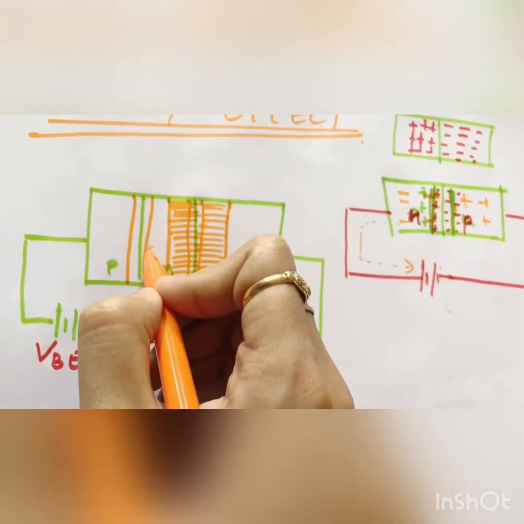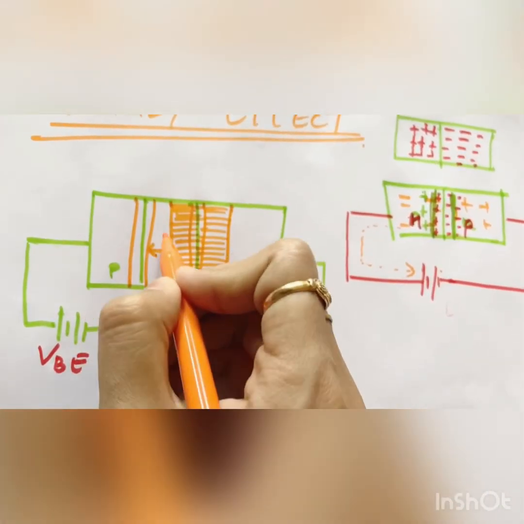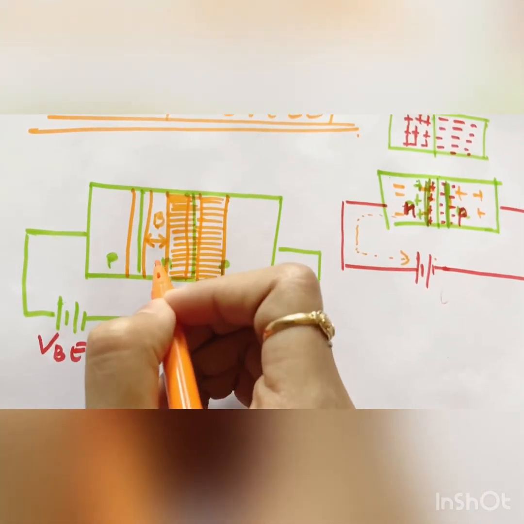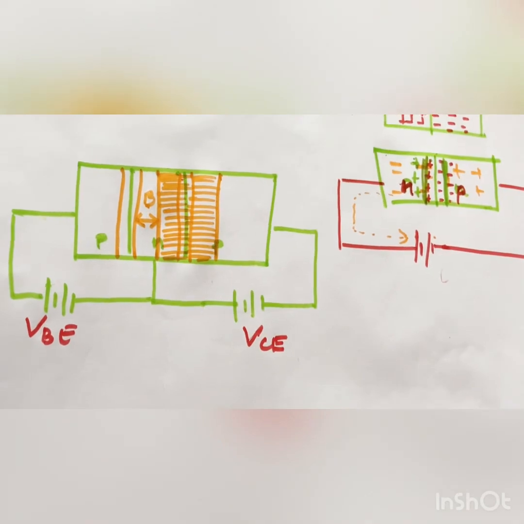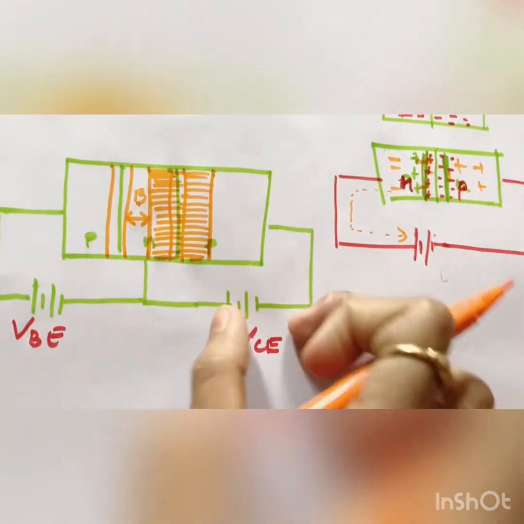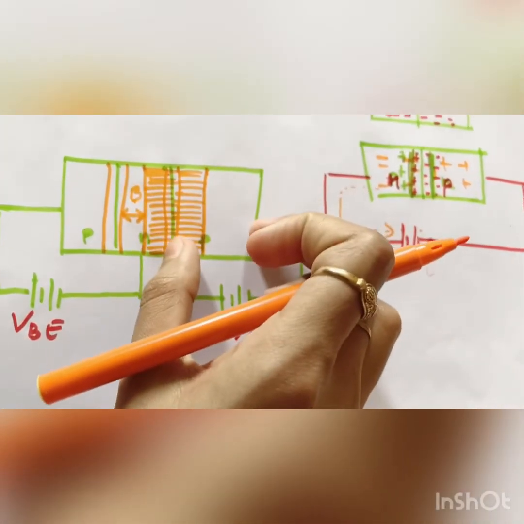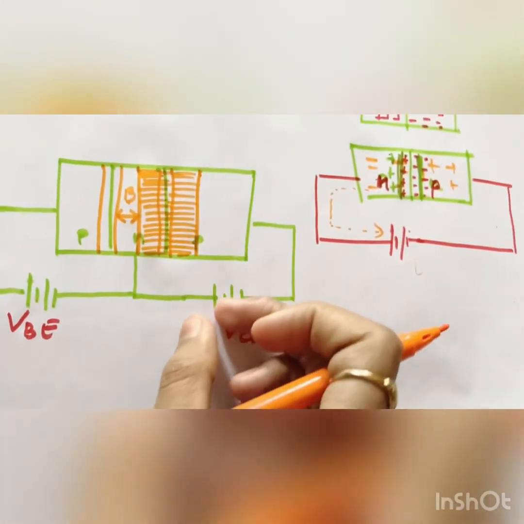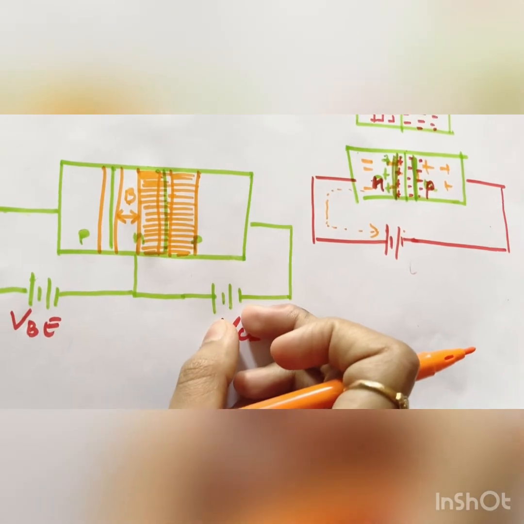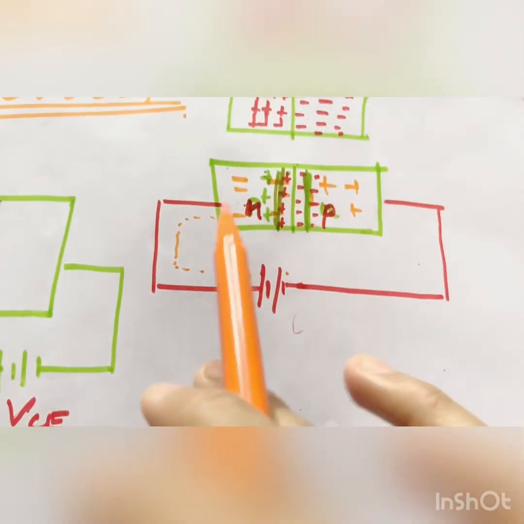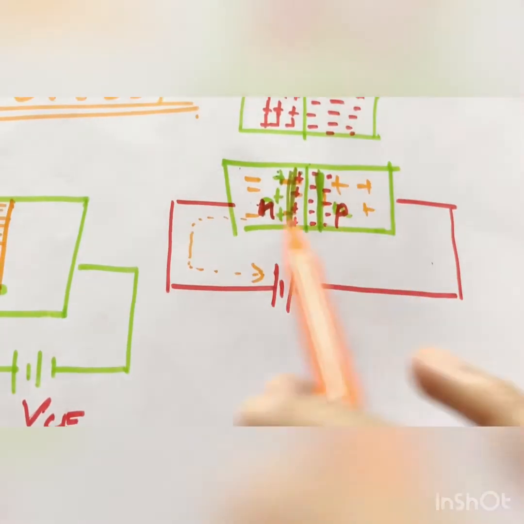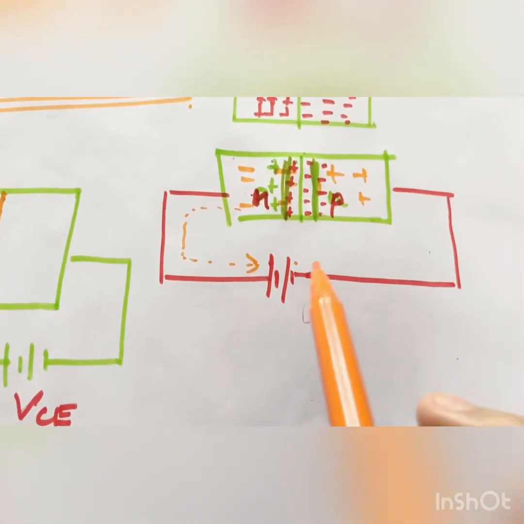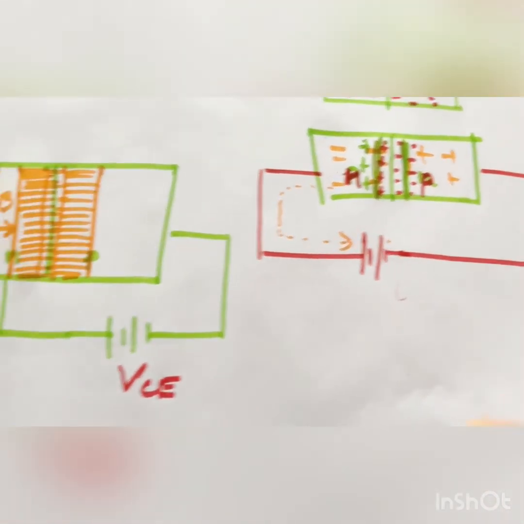Due to this, the effective width of the base decreases. Do you get my point? When the voltage keeps increasing, more electrons are attracted towards the positive terminal and the holes towards the negative terminal, so the depletion region widens.